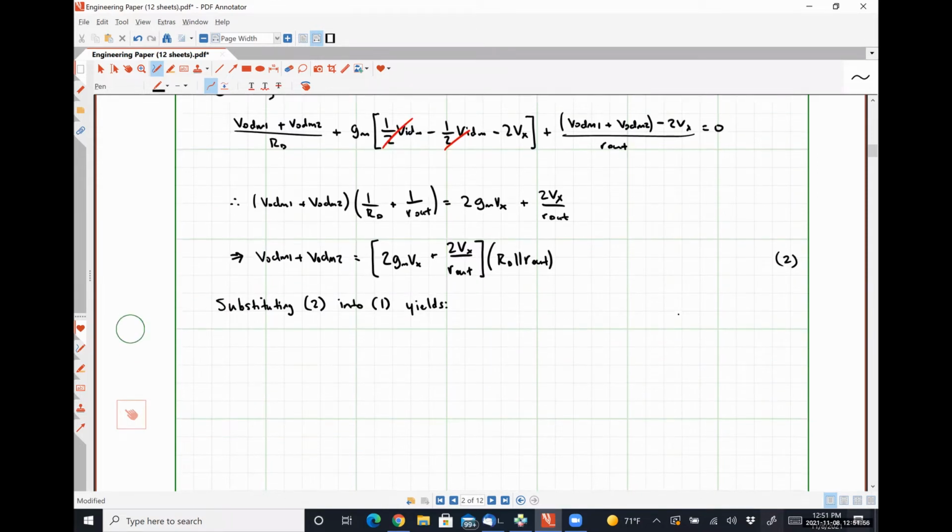And so what I'll wind up having is two GM Vx plus twice Vx over R out, times RD in parallel with R out.